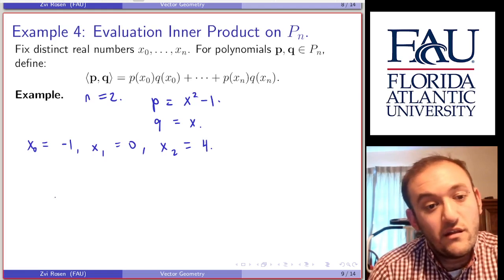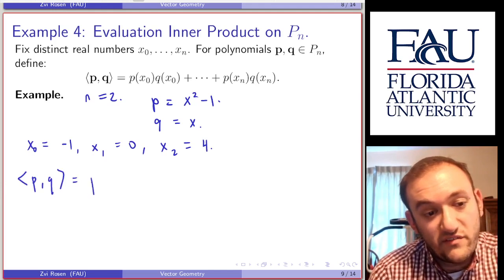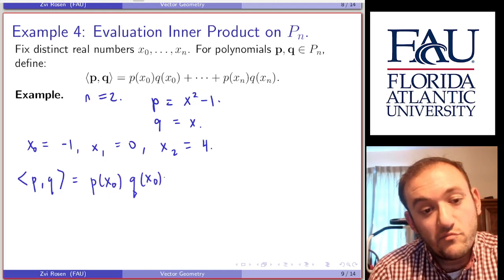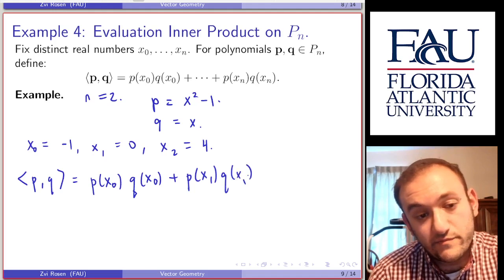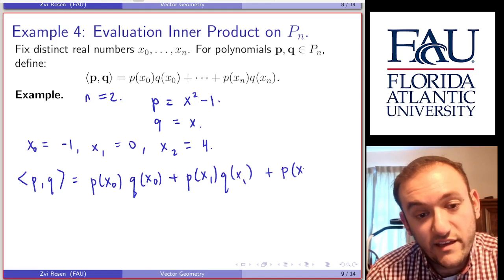Then the inner product of p and q is going to be equal to p of x0 times q of x0, plus p of x1 times q of x1, plus p of x2 times q of x2.